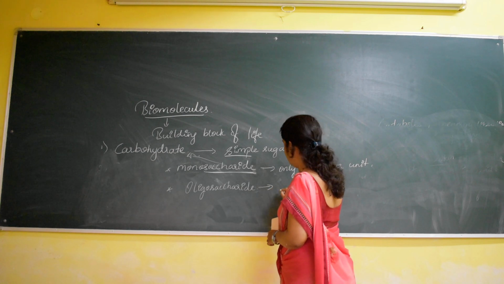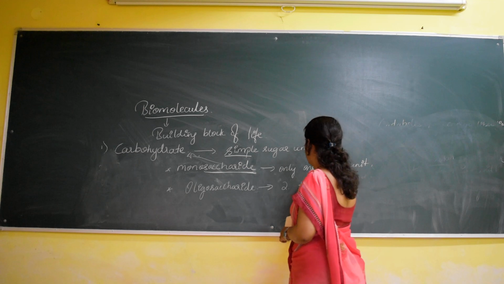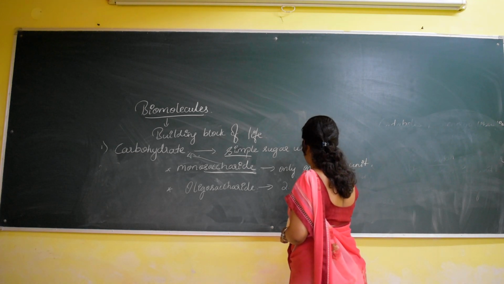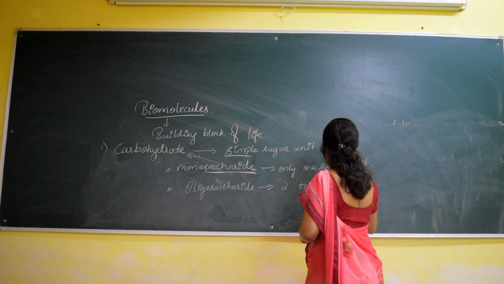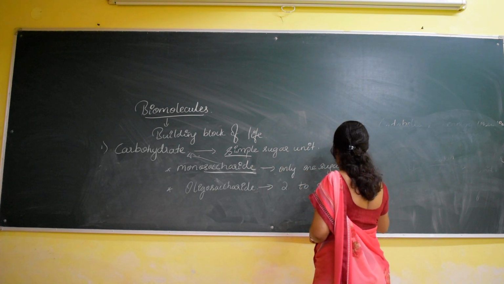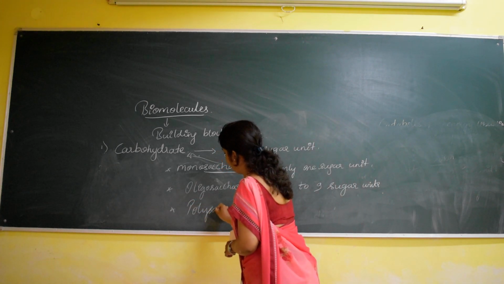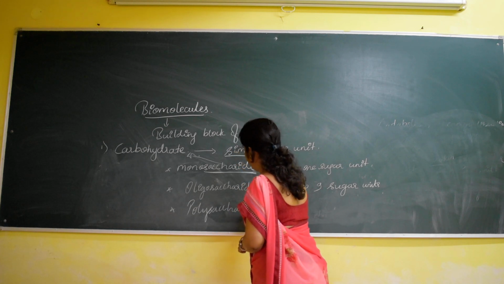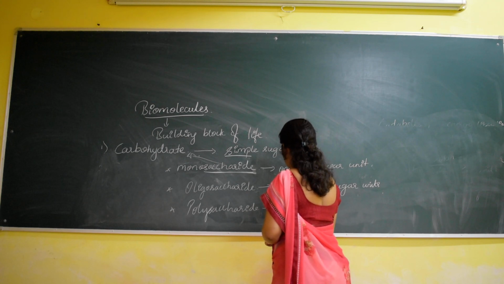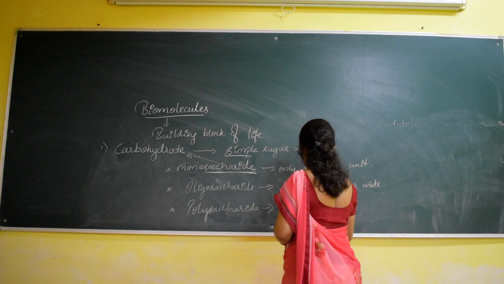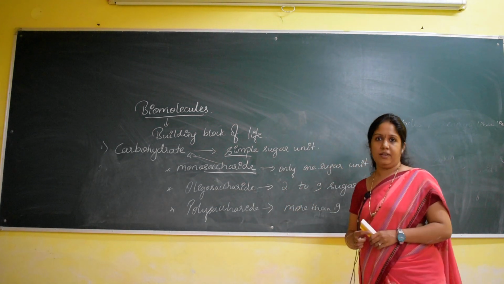More than one, that is two to nine sugar units, is called oligosaccharide. Next, polysaccharide, which is made up of more than nine sugar units.